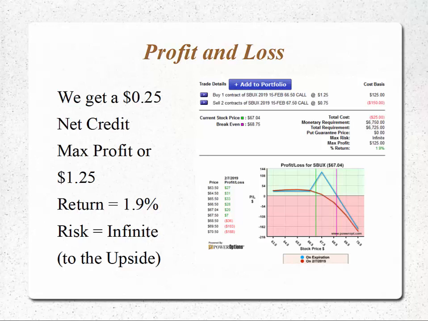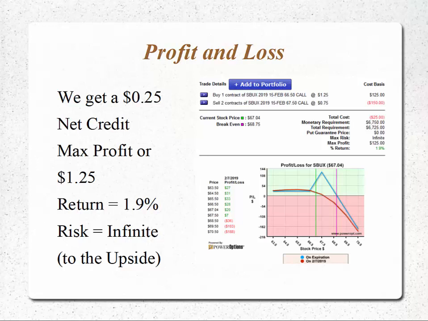Now, why is this only a 1.9% return? Well, the reason why is because one of these two calls is naked, and you're going to have to put up some margin with your broker in order to cover the obligation of a naked call. Essentially, what we're looking at is a bull call debit spread.